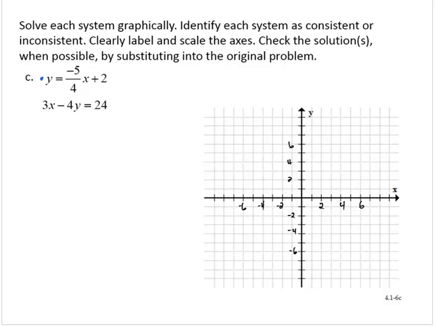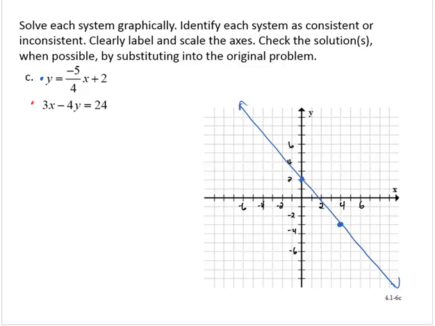And we have the y-intercept of 2, and then the slope is negative 5/4, so let it fall 5 and run 4. So there are 2 points on the line. And drawing the line through the points.